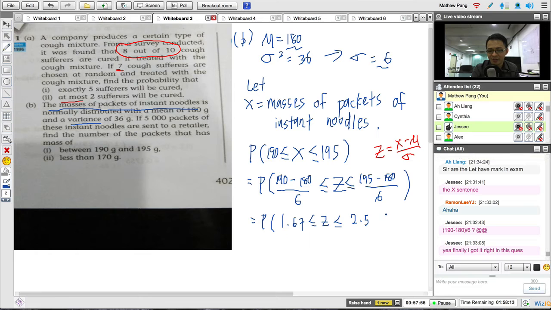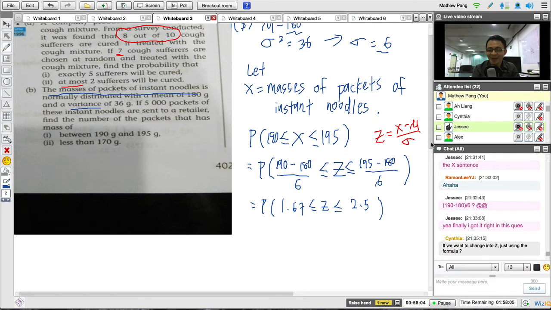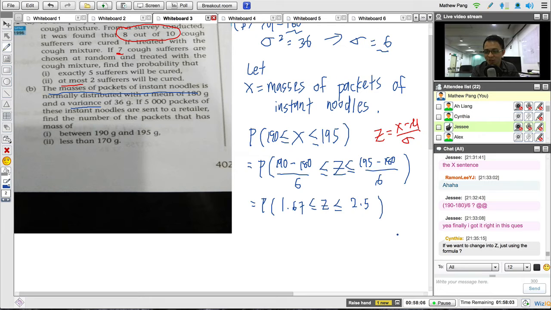Finally, I got it right in this question. You got it right? Okay, it's a good thing. So far, okay. If you want to change to the Z, just use the formula. This is the only formula you can use to change from X to Z.